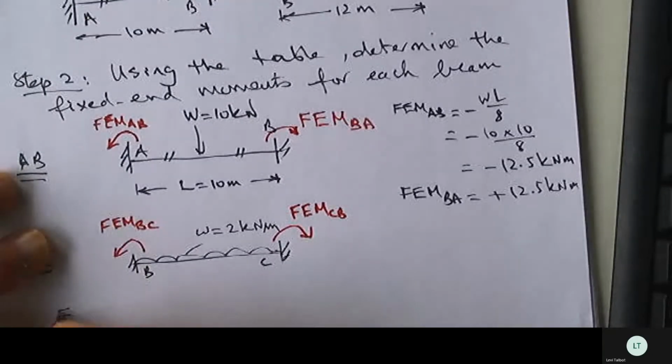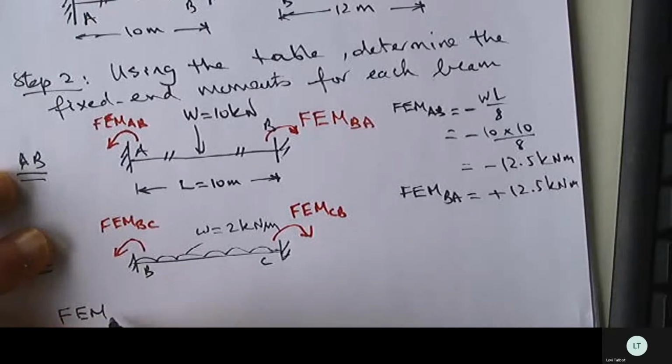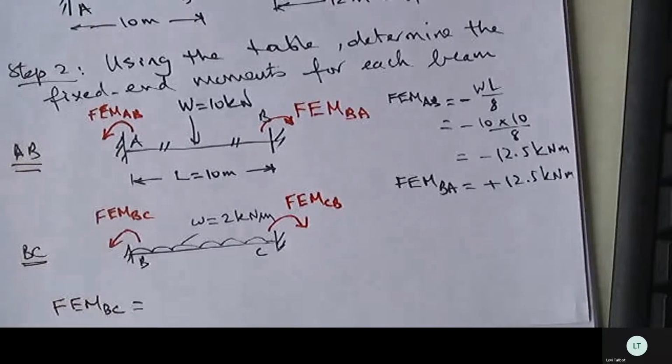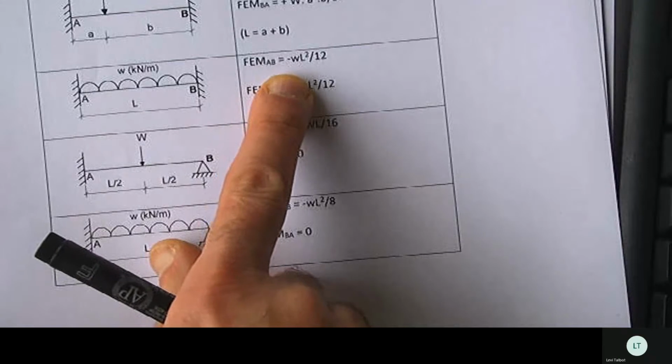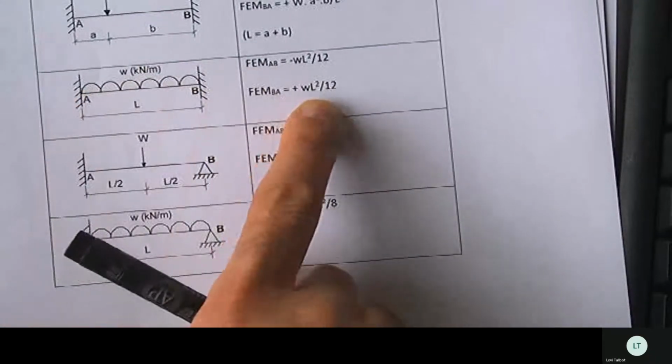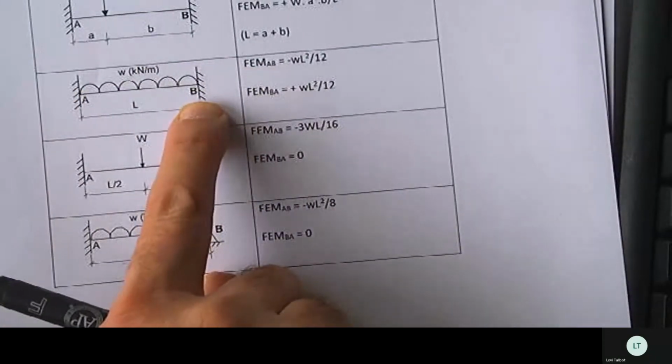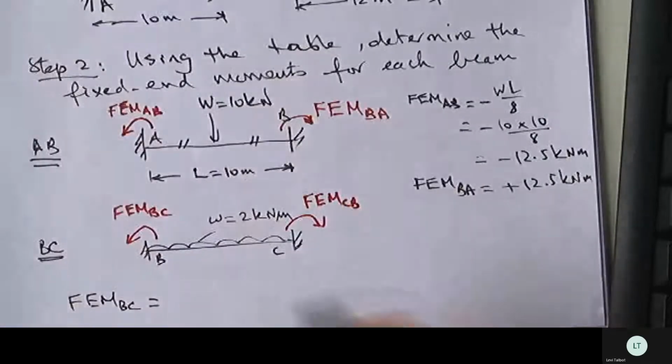So we have FEM. Which one are we using? Which number? Third, you agree? So we're using this one here, number 3. The moments are minus Wl squared over 12 at one end and Wl squared over 12 at the other end.